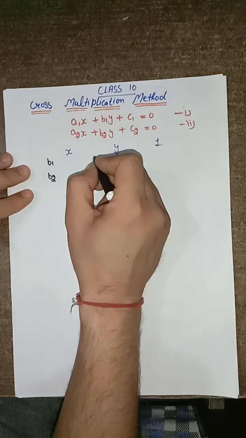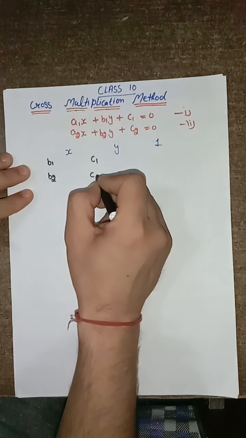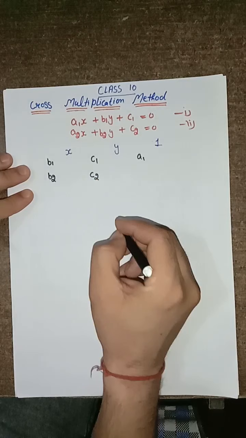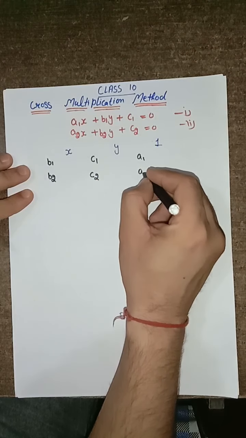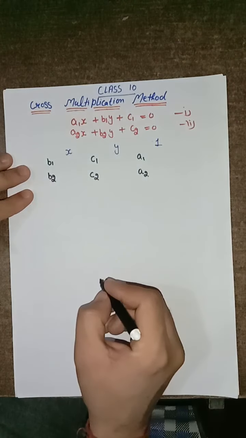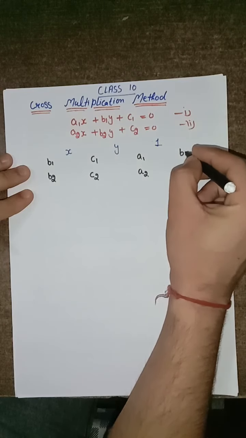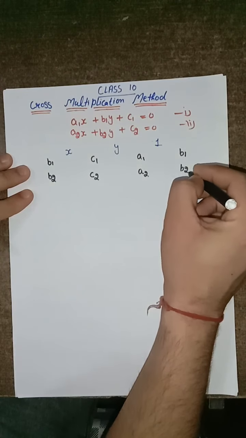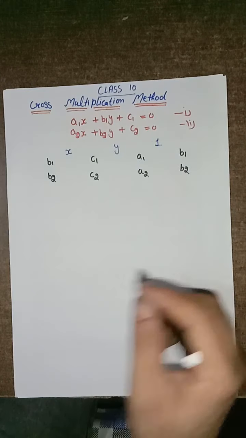Now the constant terms c1, c2, and then the coefficient of x in both equations, and again the coefficient of y in the first and second equations.